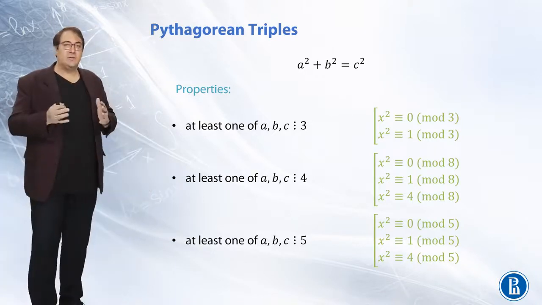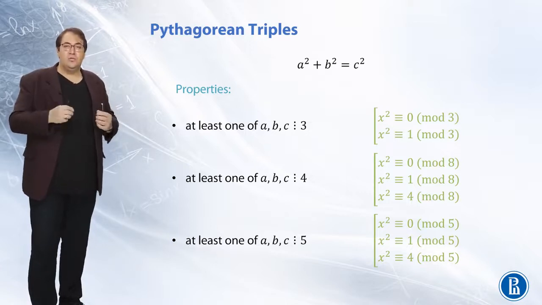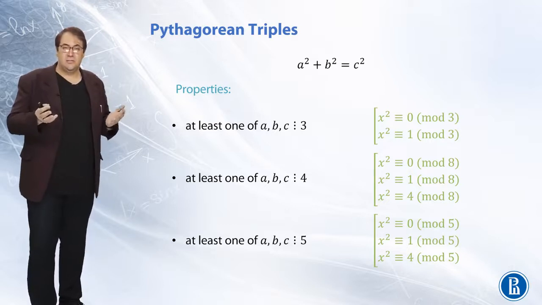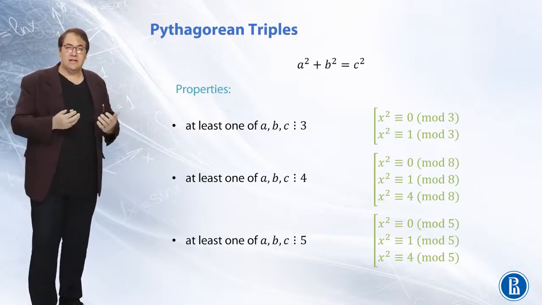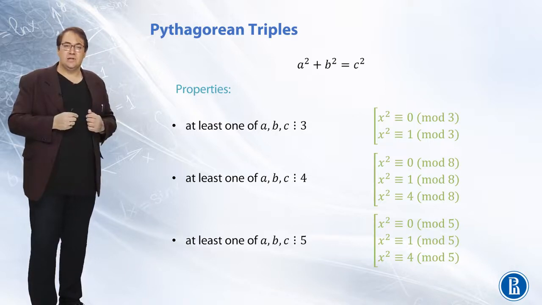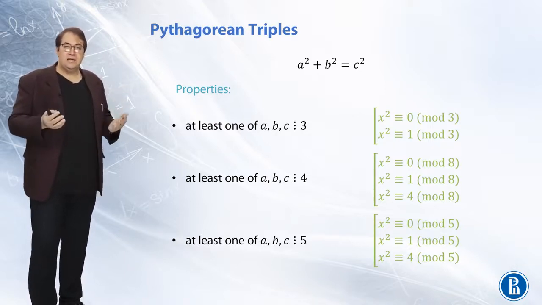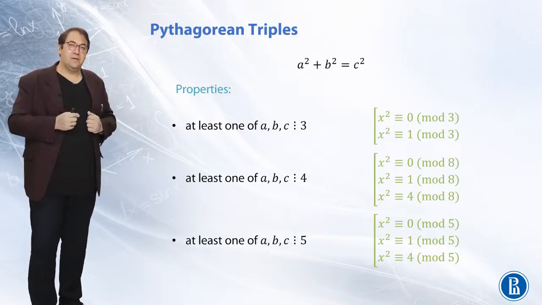If 0 is forbidden, then we need to use 1 and 4 to form the Pythagoras equation, which is not possible. We just check several cases and understand that it will never hold. So at least one of the numbers a, b, and c must be divisible by 5.